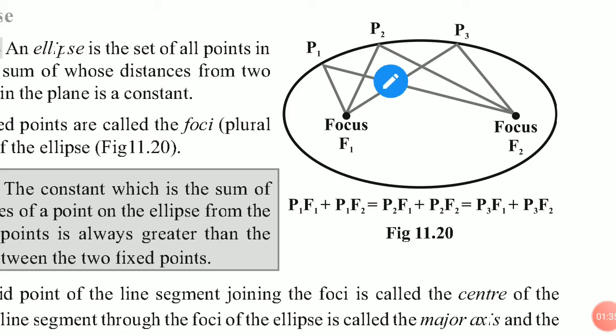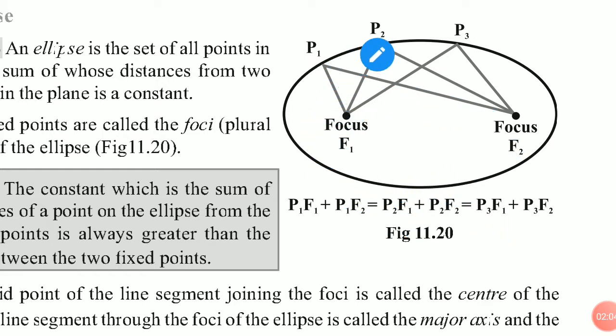For point P2 also, P2F1 and P2F2. This sum is also constant, P2F1 plus P2F2. Same for P3F1, P3F2. So the sum of the distances is equal and constant. The path so generated is called an ellipse, where the sum of the distances from the two fixed points is constant and equal.